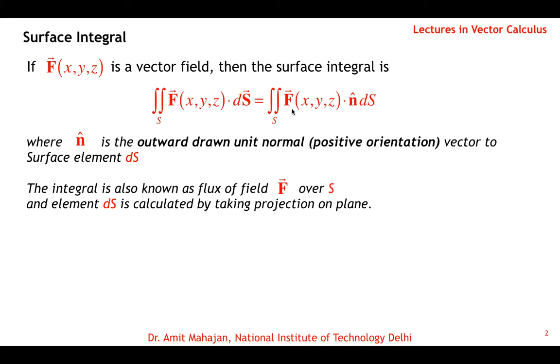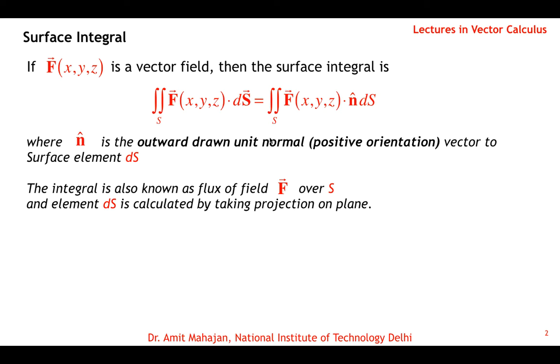And if the quantities are in the same direction, then the flux will be positive, and if the field and normal are in opposite directions, then we will have a negative flux. The unit normal vector, we said, is positively oriented.